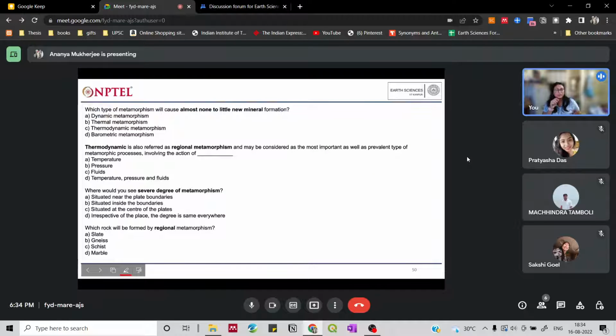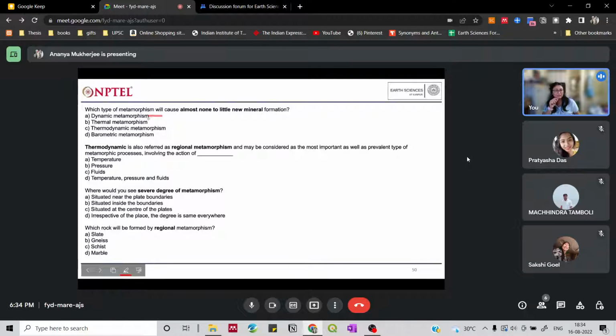So based on the types of metamorphism, these are a few questions. Suppose you are asked which of the metamorphism causes almost none to little new mineral formation. Can you guess which metamorphism would give us this? No new mineral formation. The answer is dynamic.